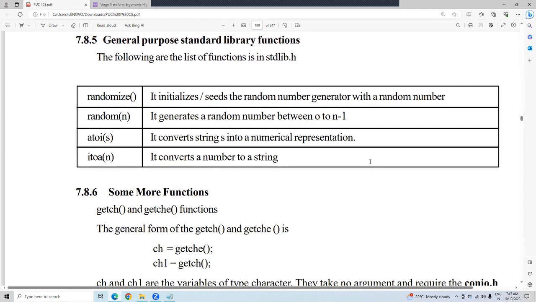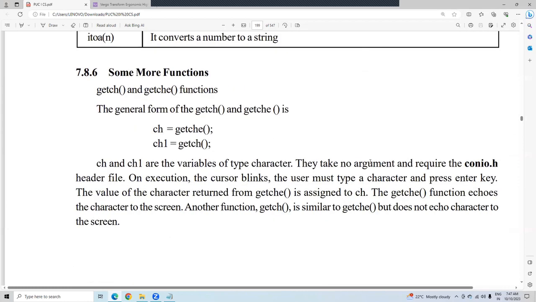In the general purpose standard library functions, we have stdlib.h. We have randomize, random, and atoi conversions, where they convert a string to a numerical representation or a number to a string. Some more functions like getche are there.